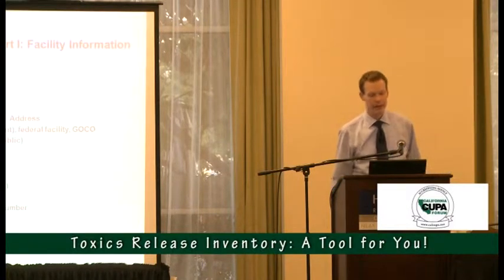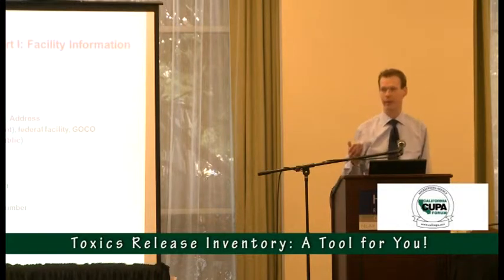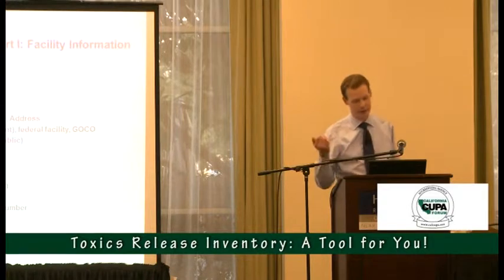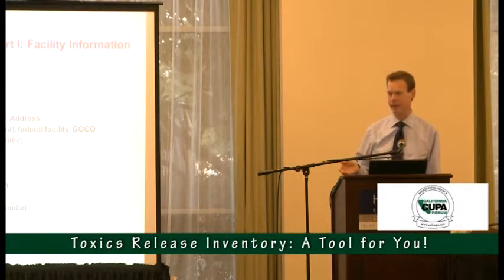So this is a breakdown of these different sections of information that's contained in a Form R and Form A that facilities would submit, and thus the public would be able to find. First section is reporting years. Nothing too great about that. Next section is trade secret information.